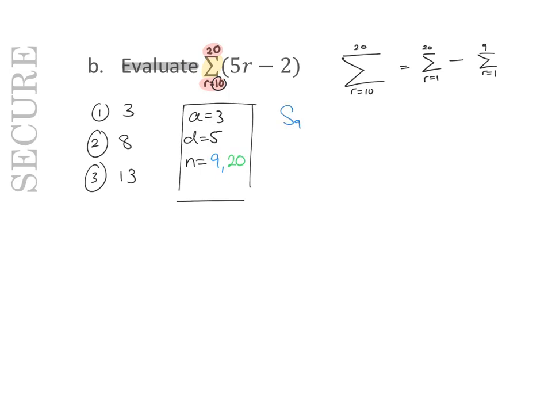So the sum to 9 using the information, it gives you 207, and then the sum to 20 is the same formula.